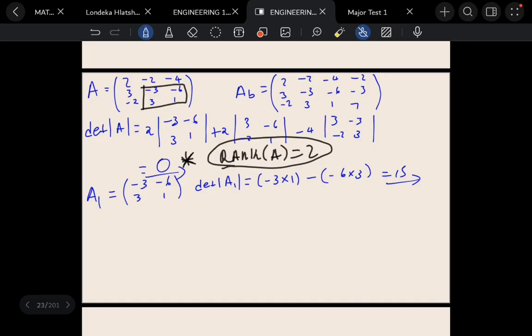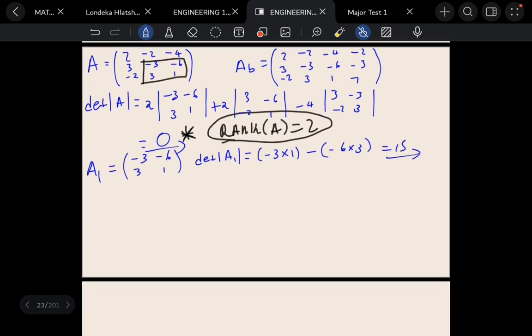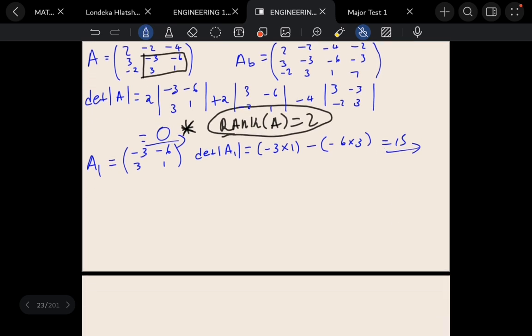Now, I'm just going to tell you this. You can try these combinations. Let us find AB. For AB, I'm not going to do everything, but can you please try this for me and confirm that all of these determinants give you 0.